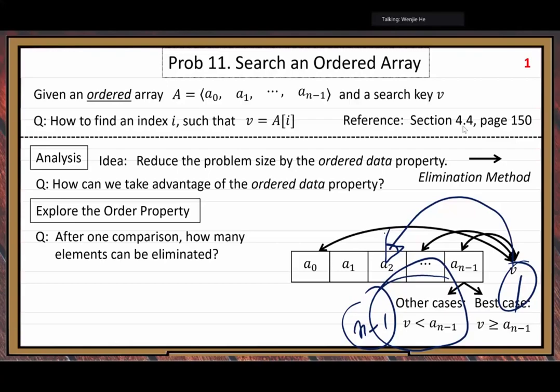If it's too large, in your second step you need to do more work. If you make the larger subarray as small as possible, in your next round of comparison you can do less work. So based on this understanding, which option is the best?